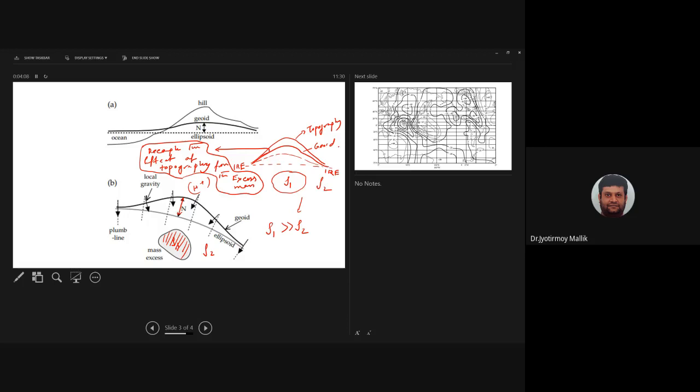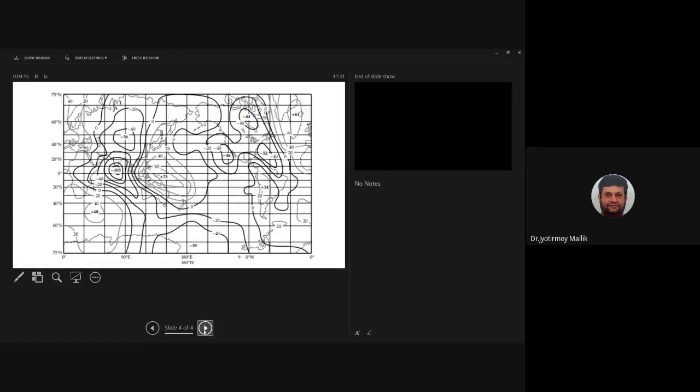All right. So let's go on with the lecture. And this is a map. What you can see here is of geoid undulation. Okay. You can see here in places the contour value is positive, and then this is slowly decreasing.